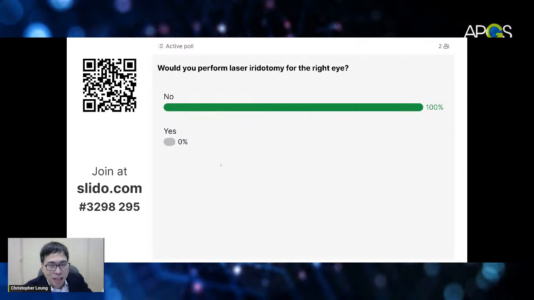So we have this eye. I actually saw this patient a year ago, and I'm going to share with you what I did, but I would like to first collect your opinion.